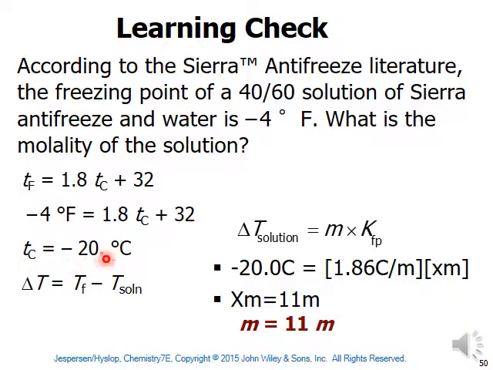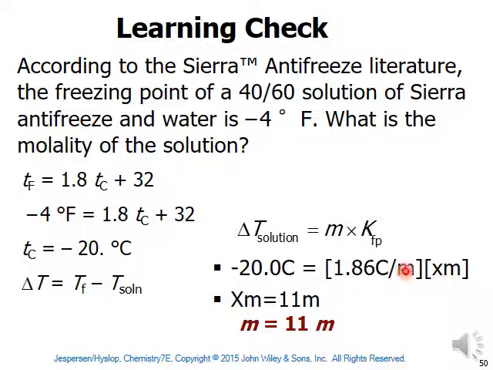So we just use the conversion and we come up with the change in temperature is minus 20. Because 0 degrees is our initial solution, minus 20 is our final, so the change in temperature is minus 20. And sorry, that minus shouldn't be here when you put that in. Okay, so we have this equals x molality.